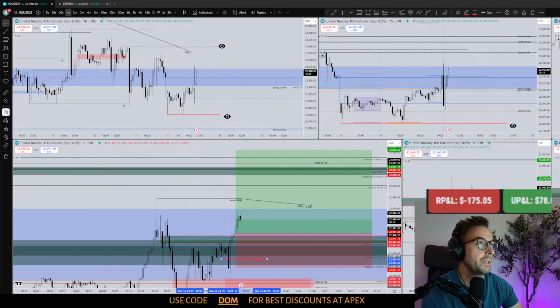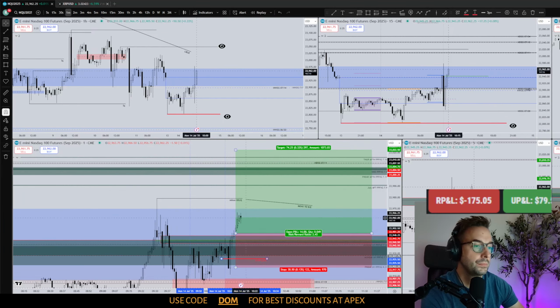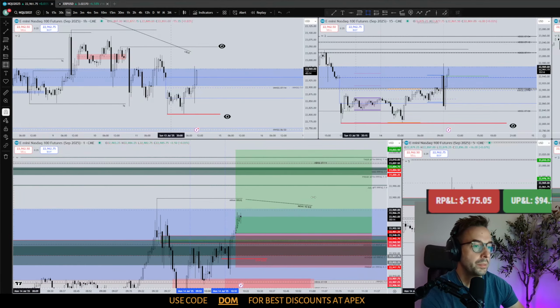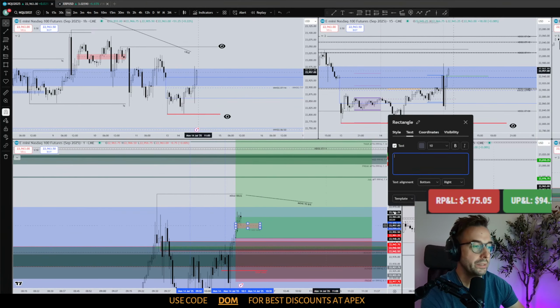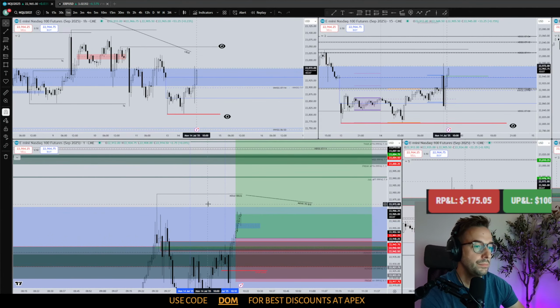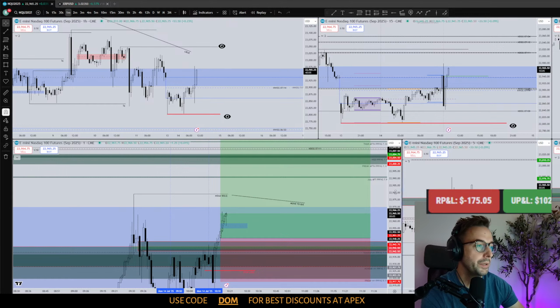So I'm at half an hour right now for risk. You can see here price is rejecting the fair value gap that it's creating to the weighted targets. Right.